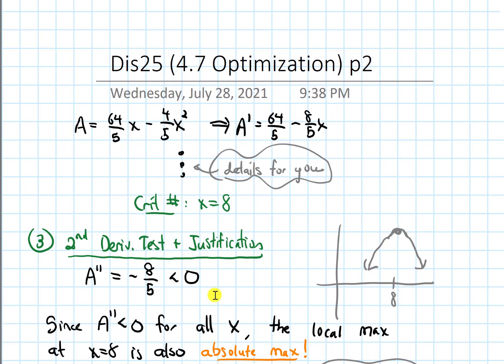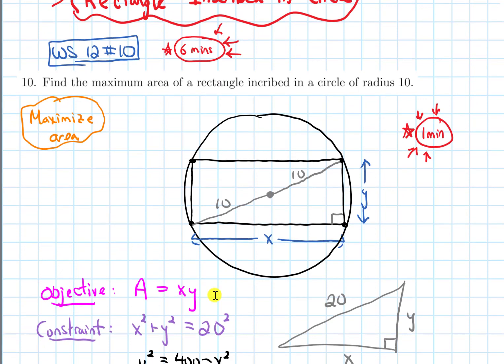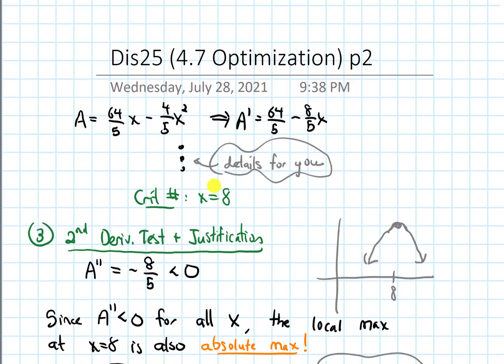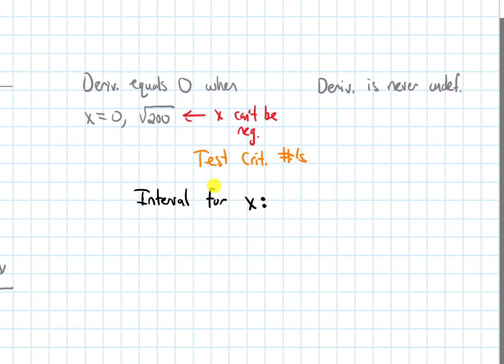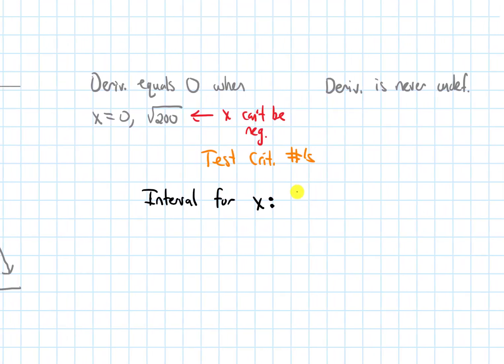So if we go back to the picture, and if I think about x as one of the lengths of this rectangle, well, the smallest that could be is 0. If it was 0, I'd get a degenerate rectangle. And the biggest it could be is if x became the whole diameter, which is 20. And that would also give me a degenerate rectangle. Okay, so our interval for x is going to be 0 to 20. And I can make it a closed interval because that just gives me degenerate rectangles, which are fine.